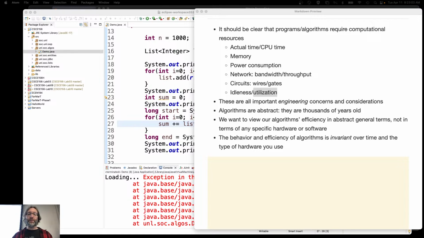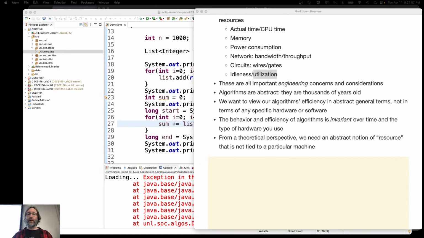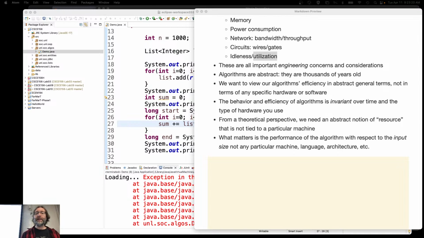From a theoretical perspective, we want an abstract notion of what that resource means. So we're not going to be looking at actual CPU time, memory, power consumption, whatever. We want our framework to be abstract. What matters is the performance as the algorithm processes larger and larger inputs.